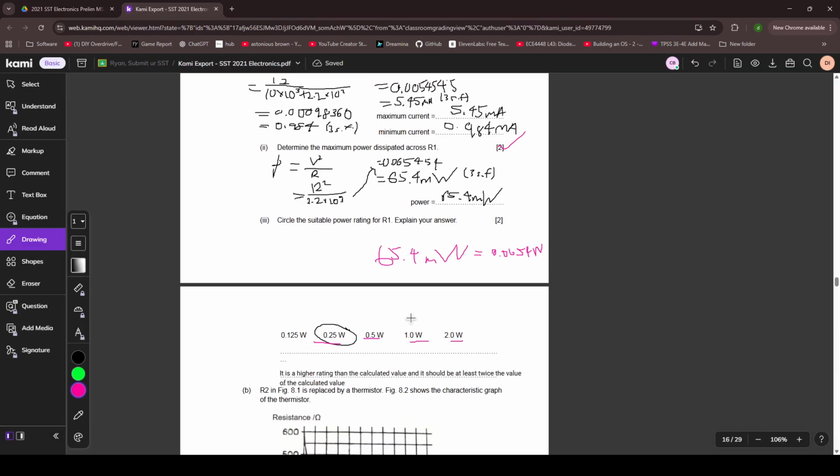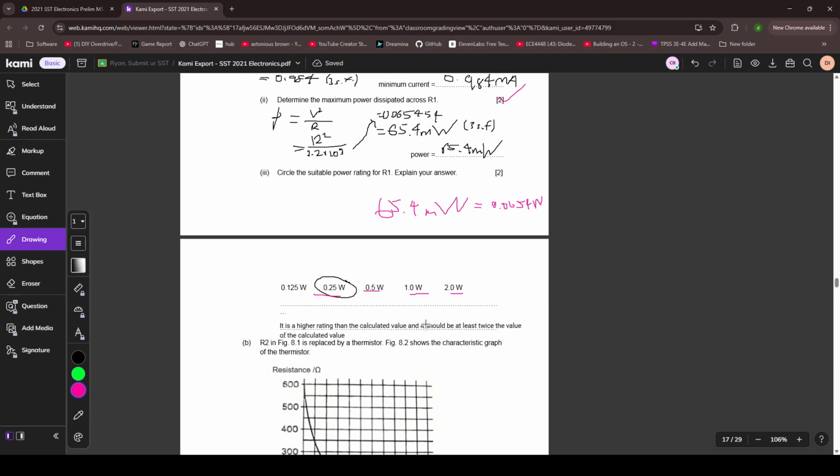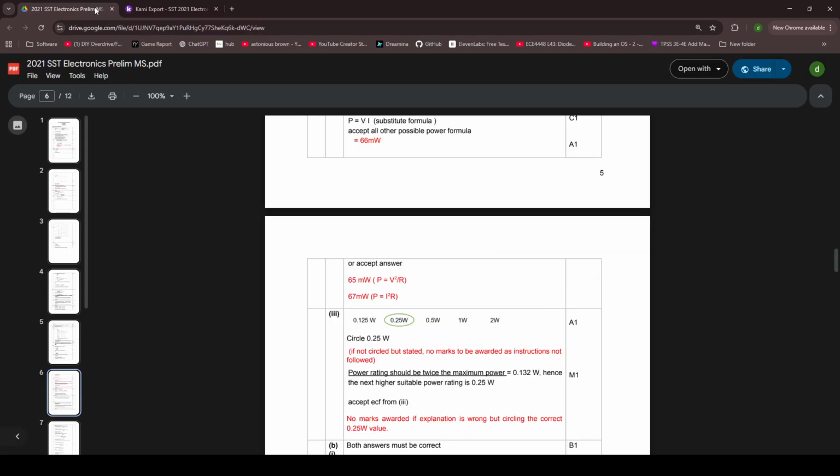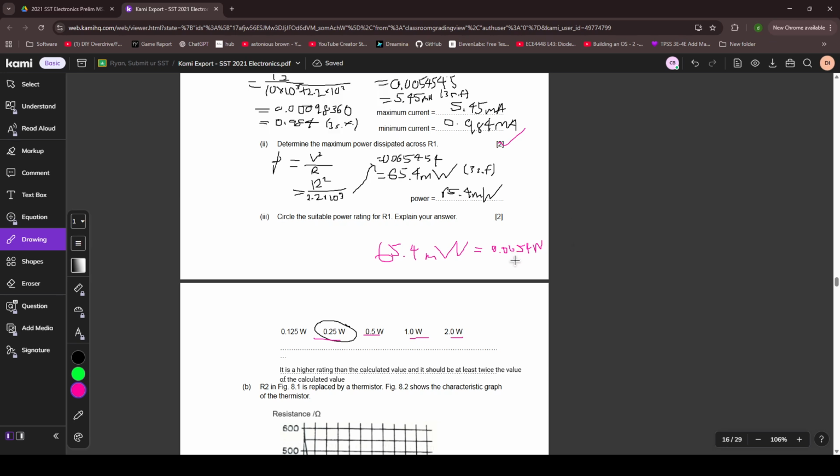And it is. And a reason: it is a higher rating than the calculated value, and it should be at least twice the value of the calculated value. Power rating should be twice the max. I didn't even know that, bro. Power rating should be twice the maximum power, equals 0.132 watts. Hence the next highest. Okay, I'm going to mark you right, but what I would have preferred in your answer is if you showed me actual values.